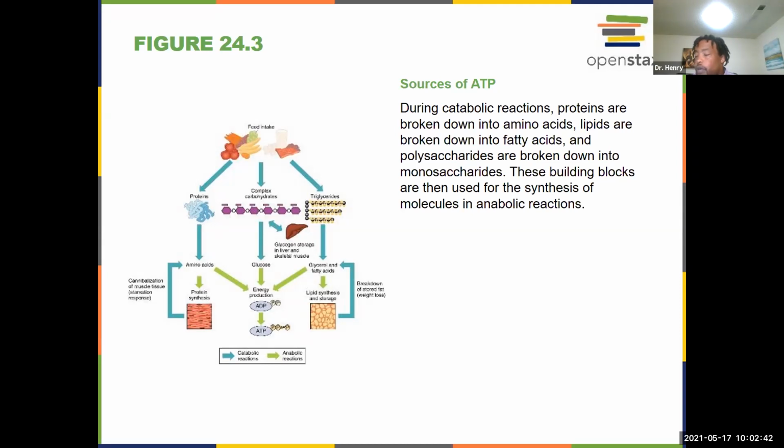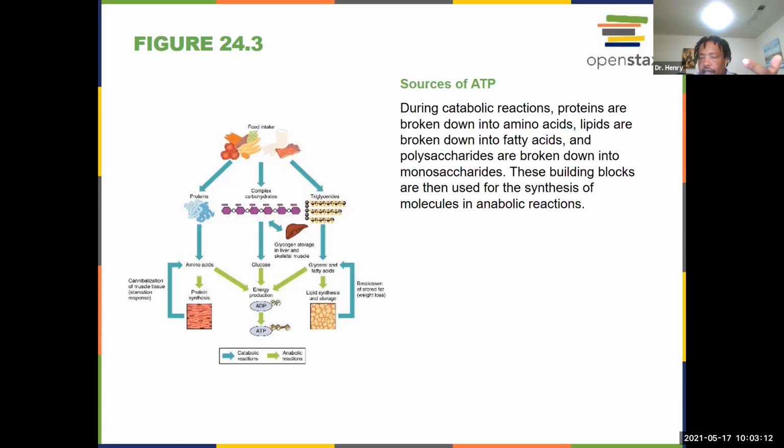And so for catabolism, the hormones that we're going to be using are cortisol, glucagon, and adrenaline, okay? The ones that are going to be responsible for anabolism, or the anabolic process, are going to be your growth hormones.